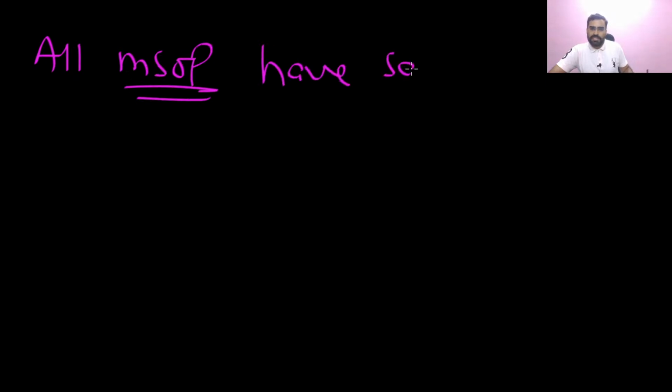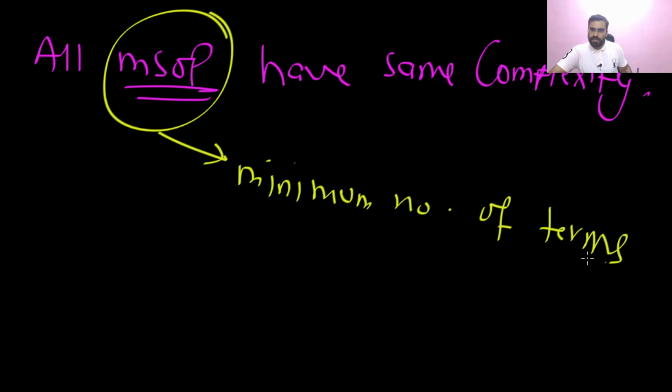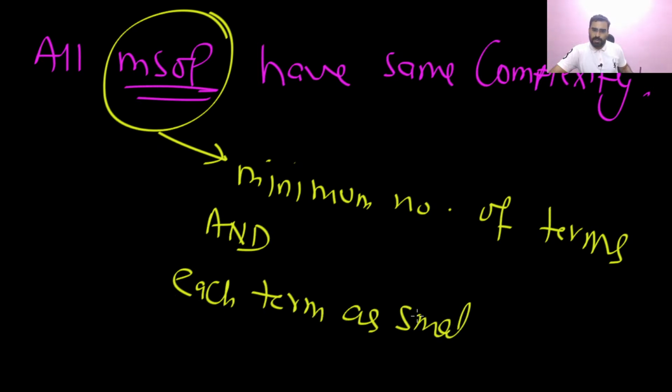Remember, there can be many minimum SOPs, and all minimum SOPs have the same complexity, because what is the meaning of minimum SOP? Minimum SOP means minimum number of terms, and each term as small as possible.